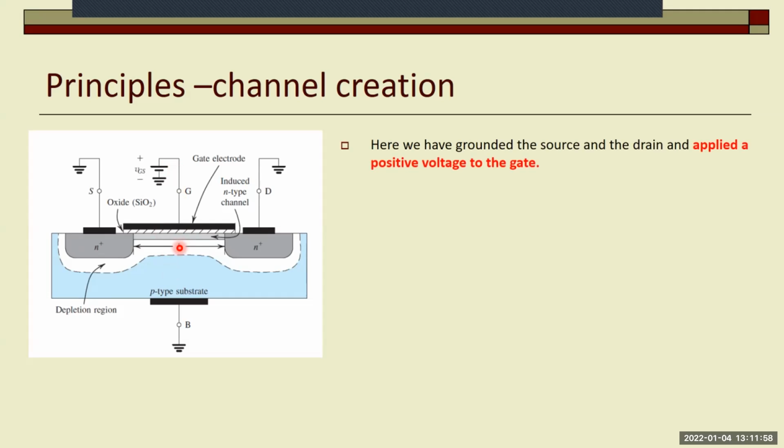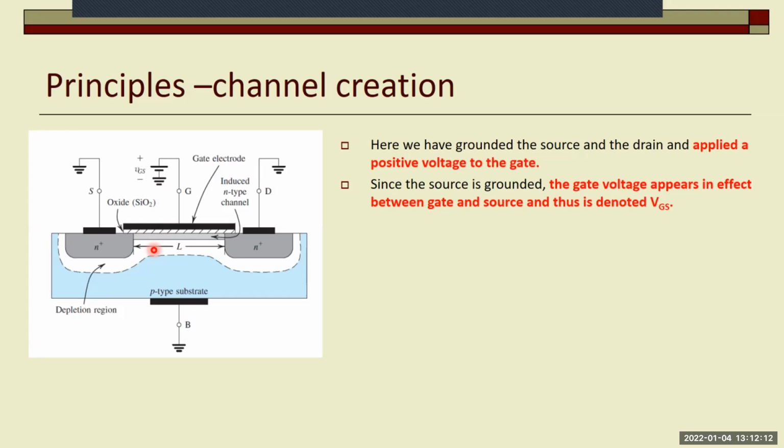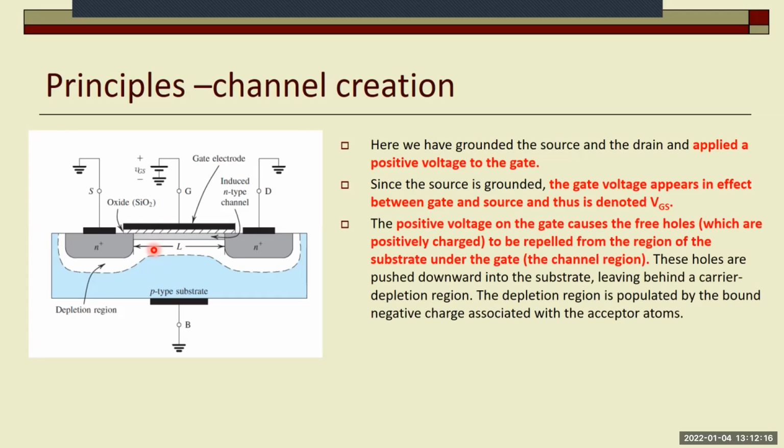And so a positive voltage is applied to the gate to create an n-type enhancement channel here. And since the source is grounded, the gate voltage appears between gate and source.